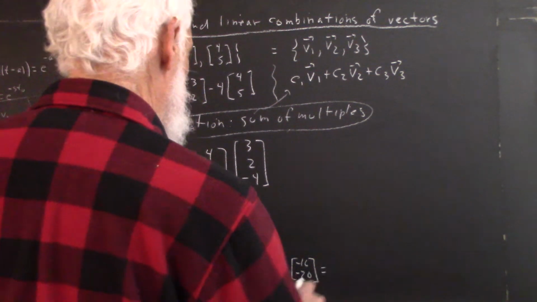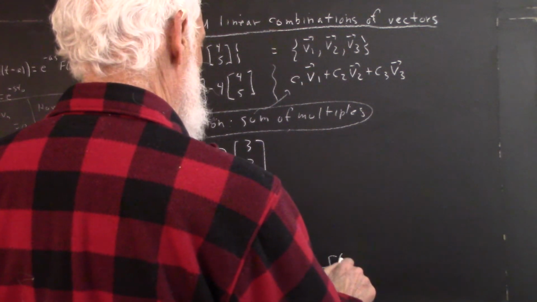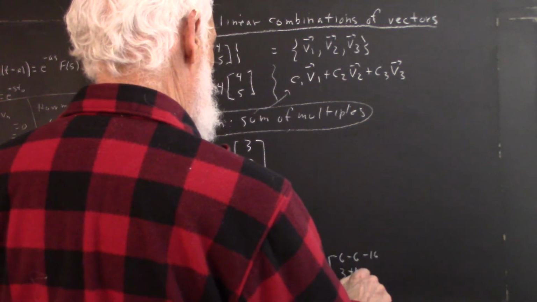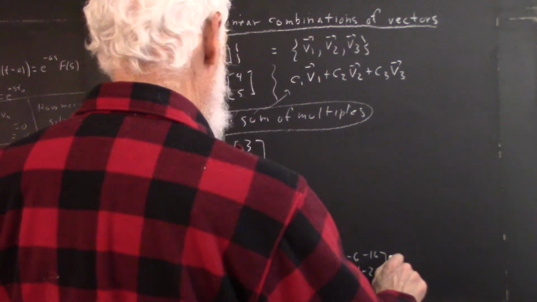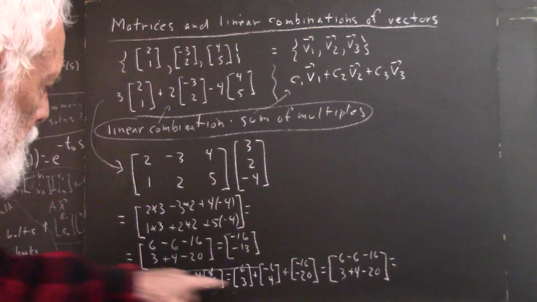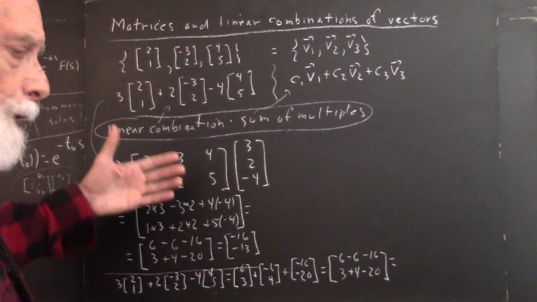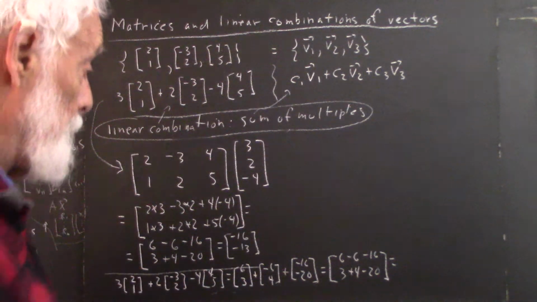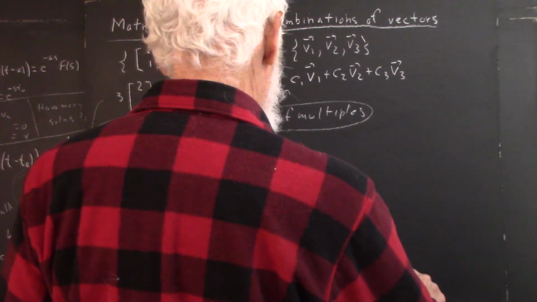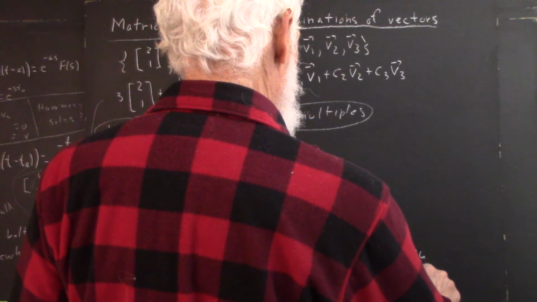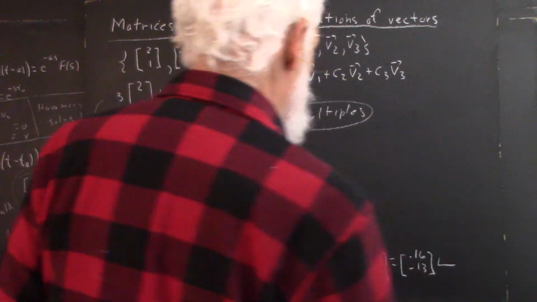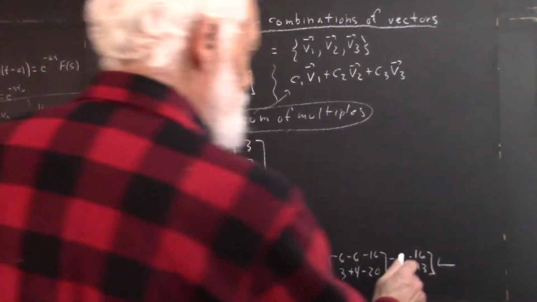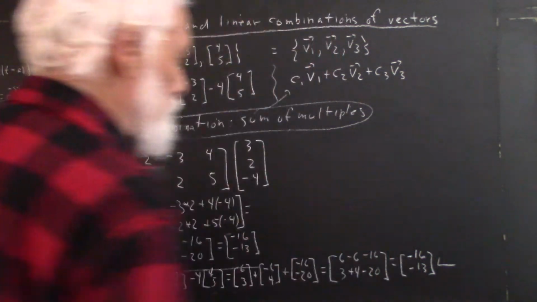Well, that equals 6 minus 6 minus 16, 3 plus 4 minus 20, which is identical to what we had here. And it should be obvious why that is. We want to make sure we understand where all these numbers go, where they come from, and what they mean. But then this comes out as negative 16, negative 13, and that's a badly written check mark, but this matches this.